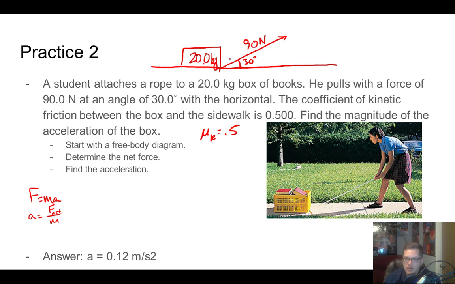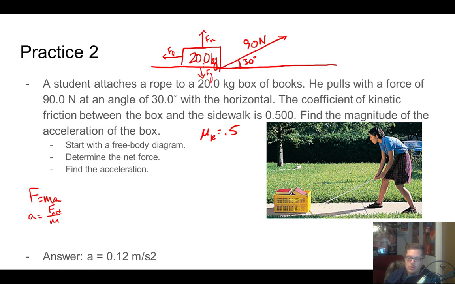So in the free body diagram, we've got a 90 newton force going up this way, some force of friction going this way, some normal force going this way, and some force of gravity coming this way. So we've got several forces acting on our box.